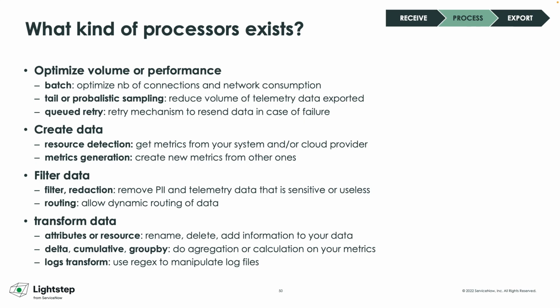You can also use a sampling processor in order to reduce the volume of data that you send to your backend. And if you estimate that your telemetry information is very important, you can use a queue-retry processor in order to resend data if the backend was not available the first time.